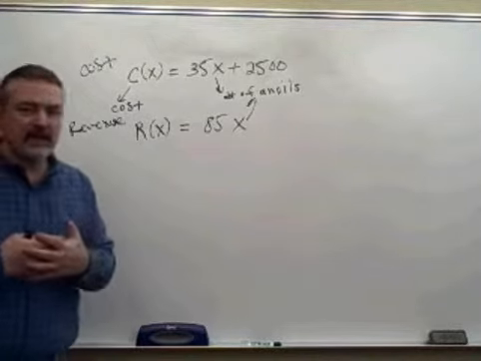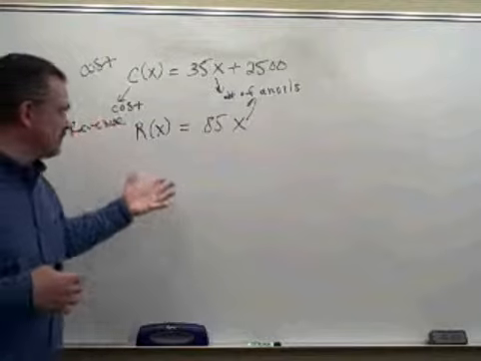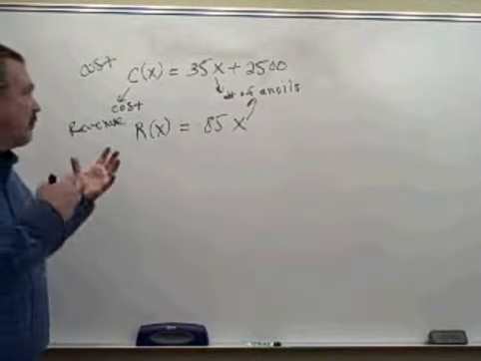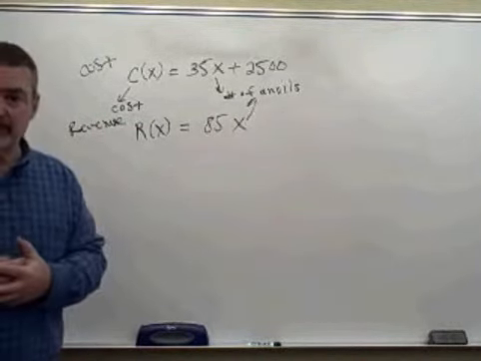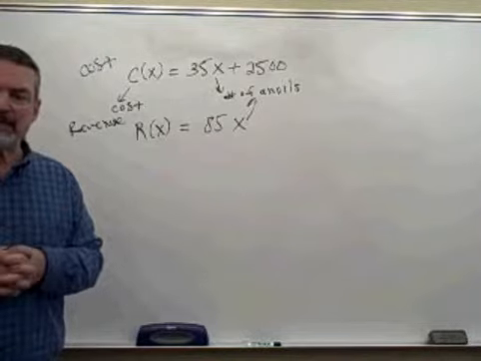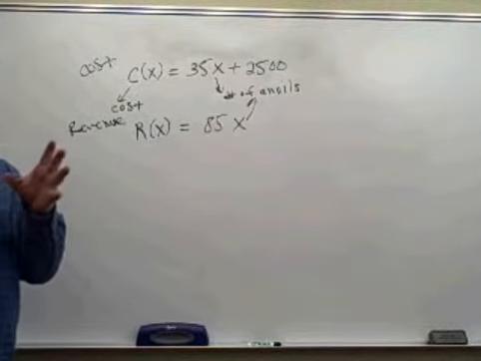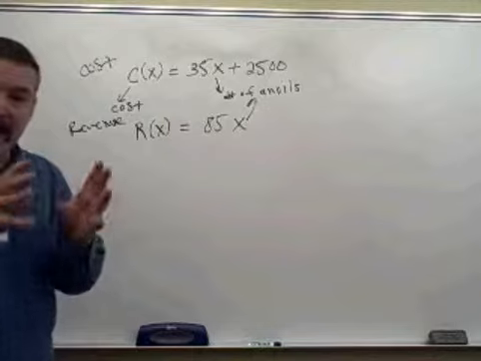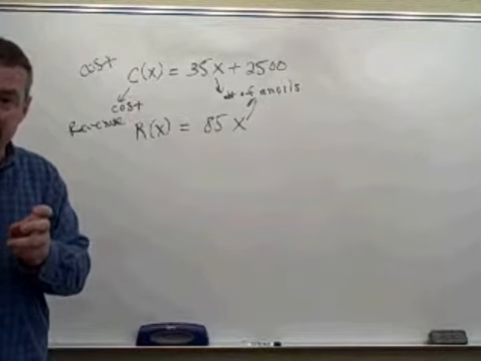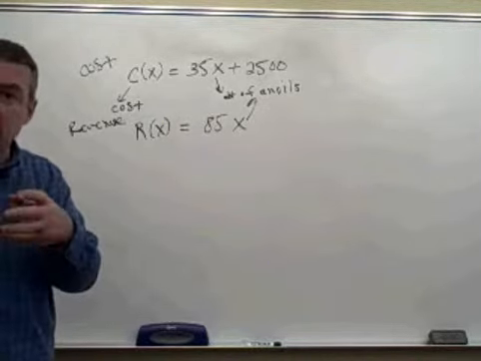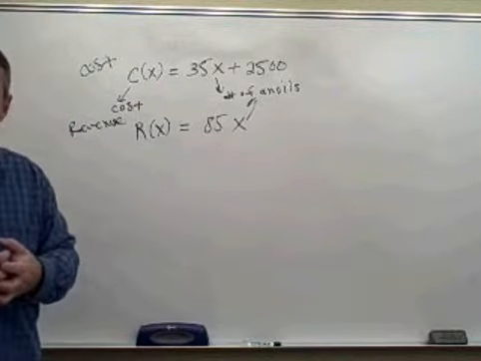Well, one of the important concepts when you are in a situation like this, where you are making a product and selling the product, is the concept of break even. How many, in this instance, anvils do we have to make so that the revenue will cover the cost?